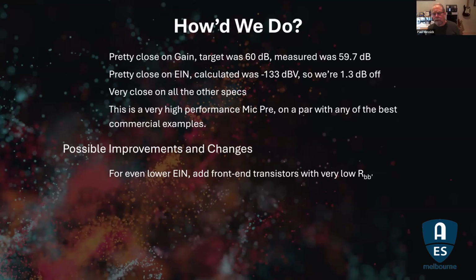And so I have a design that is, as I'm talking about here, with the transistors in front of them with a very low RBB and an op amp after them, and all the servo loops to set voltages, et cetera, et cetera. And I think that the op amp is oscillating actually inside. You can't see it on the pins, but the noise and distortion are not what they should be.